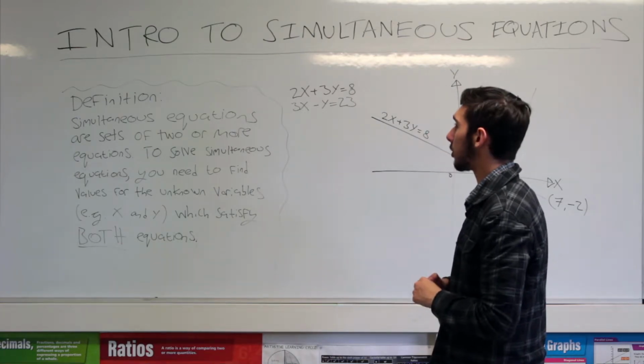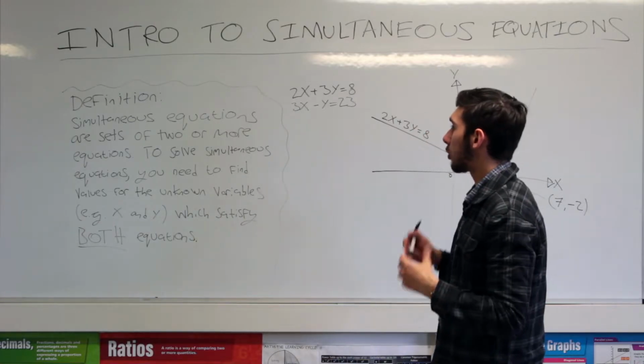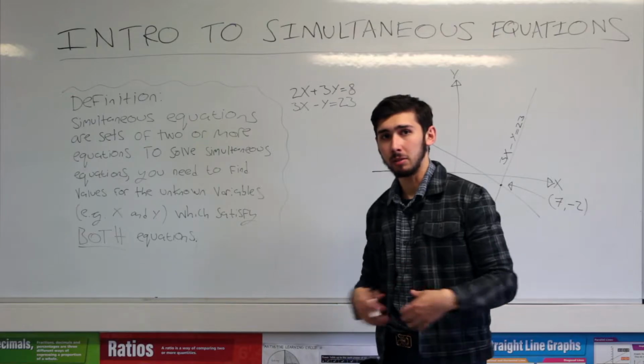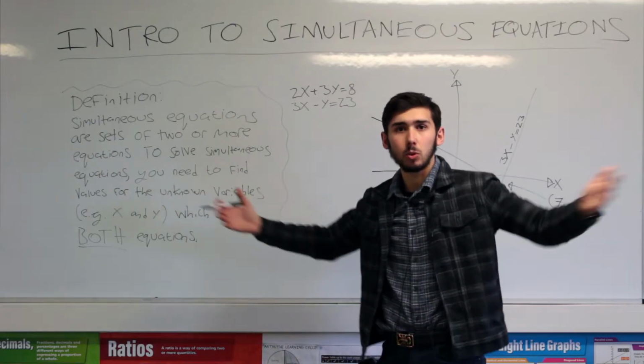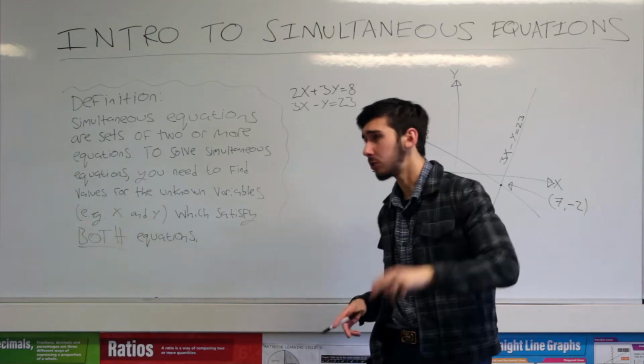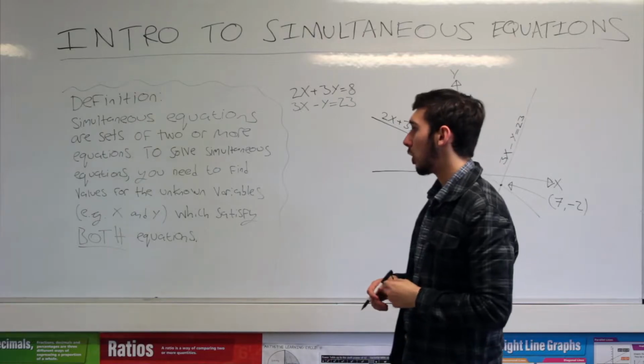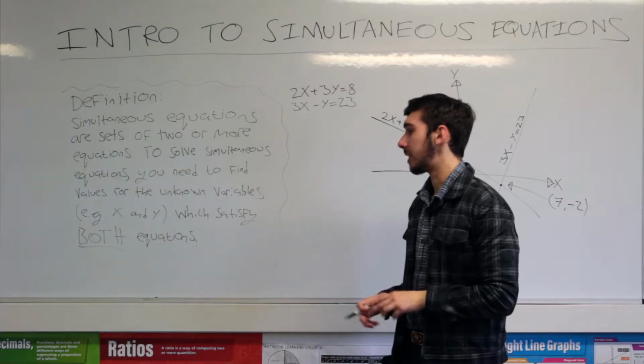A simultaneous equation, or a set of simultaneous equations, are two or more equations. You can potentially have infinitely many simultaneous equations. In A level, we normally just have two equations. And to solve these two simultaneous equations, you need to find values for the unknown variables.